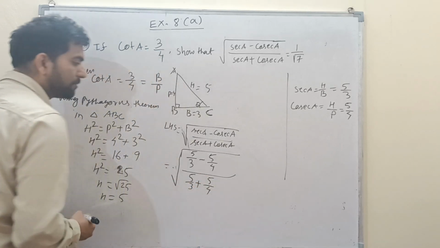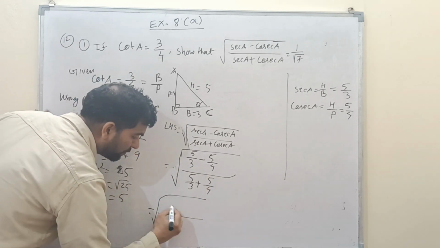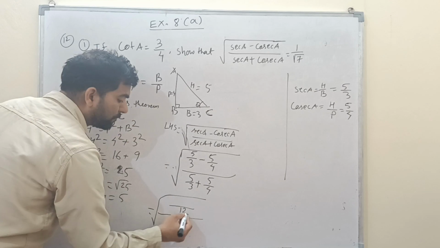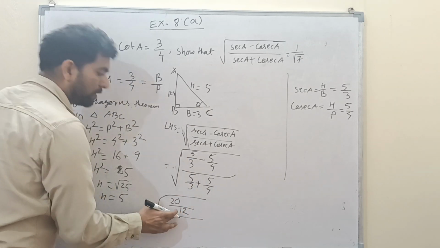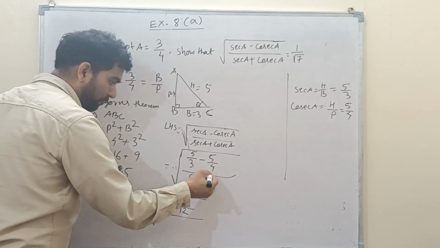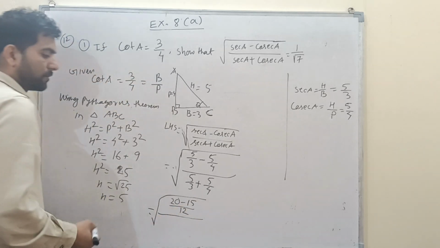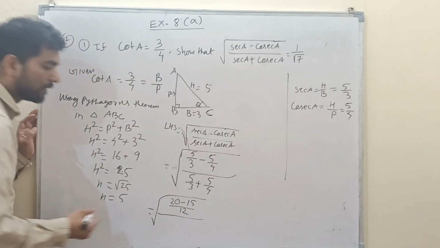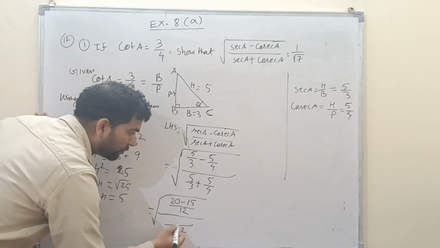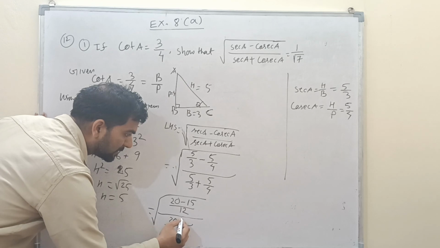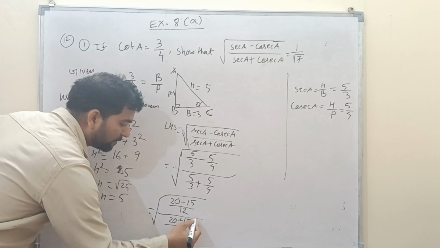Take the LCM of 3 and 4, which is 12. So 3 4s are 12, 4 5s are 20, minus 4 3s are 12, 3 5s are 15. Next, the denominator also: LCM is 12, so 20 plus 15.